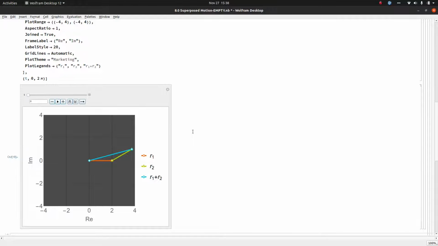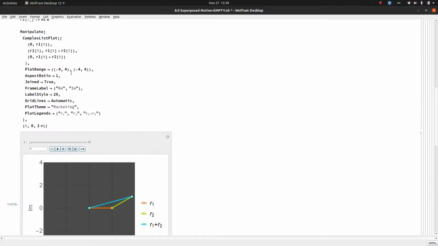So what you can see, we have R1 in orange, R2 in that yellowy green color, and the sum of the two vectors, R1 plus R2, in that blue color. You can see that I add vectors as you did in intro physics just by connecting them head to tail. So R1 plus R2 is the resultant vector.